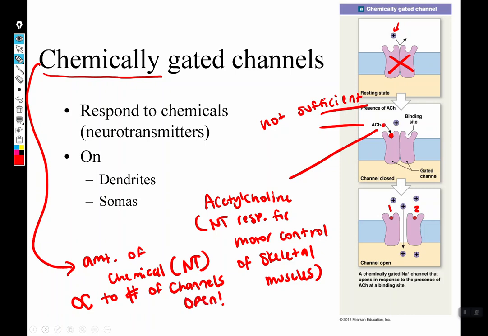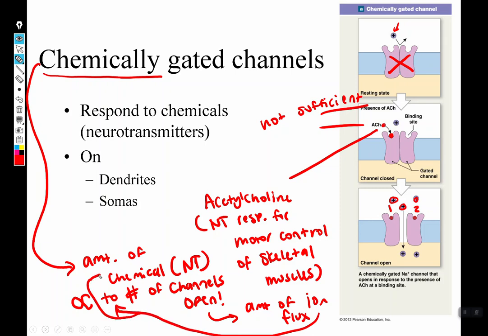So if I have channels that are letting ions through, and I know that there's a variable number of these channels that can be open at a time, and it's going to depend on the chemical, that means that the amount of ion flux, meaning the ions crossing the membrane, is also proportional to the number of channels open, and therefore to the amount of chemical.